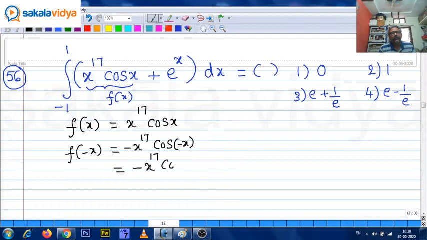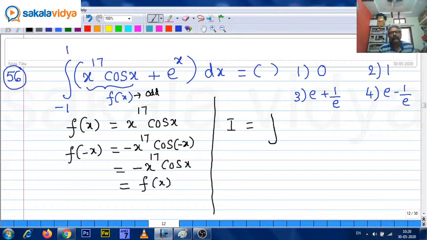So f of minus x is minus f of x; f of x is an odd function. So now this integral becomes I equals integral from minus 1 to 1 of 0 plus e power x dx, because e power x we cannot check whether it is even or odd.